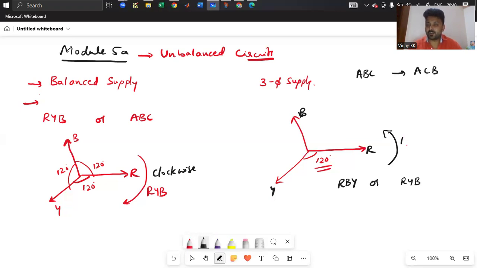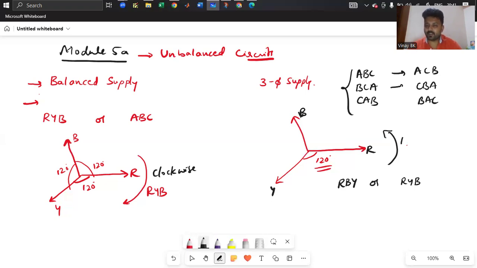These are different ways of writing the phase sequences. ABC is the same as BCA and CAB. Similarly, ACB is the same as CBA and BAC.